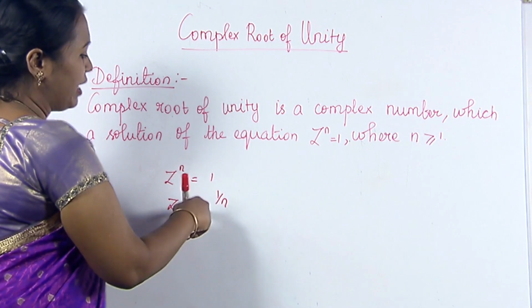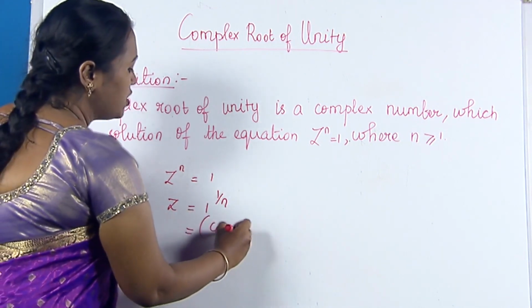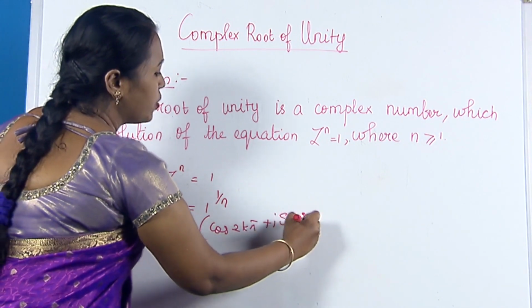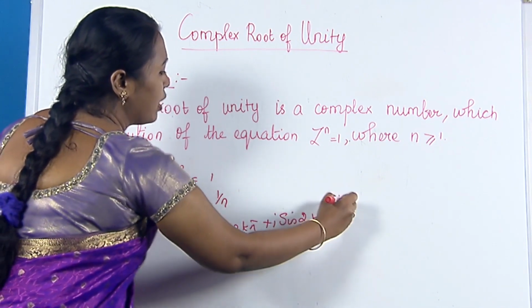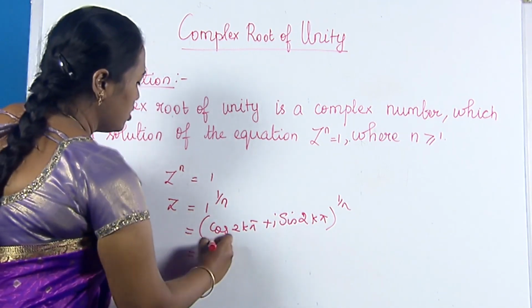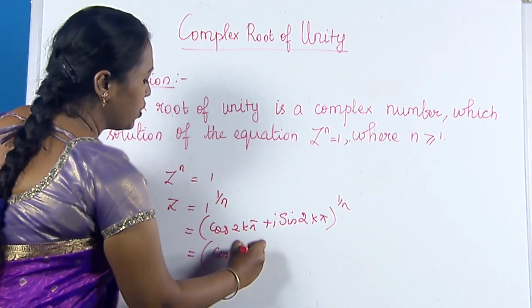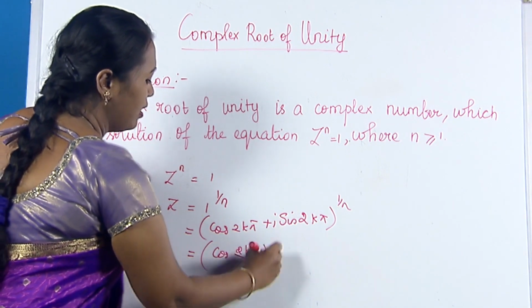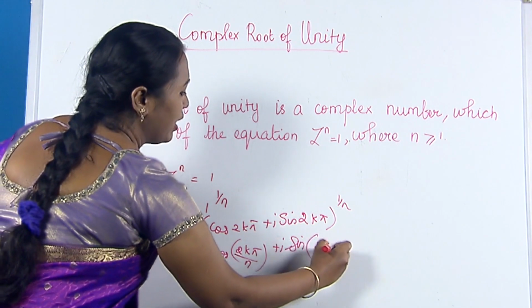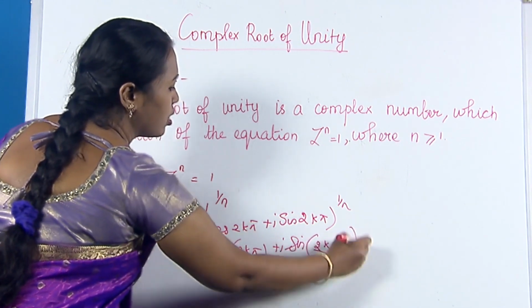So, we know that 1 can be written as cos 2k pi plus i sin 2k pi, the whole power 1 by n. Let us apply the de Moivre theorem. So, this becomes cos 2k pi by n plus i sin 2k pi by n.